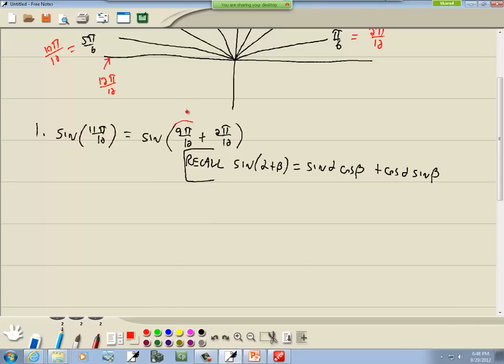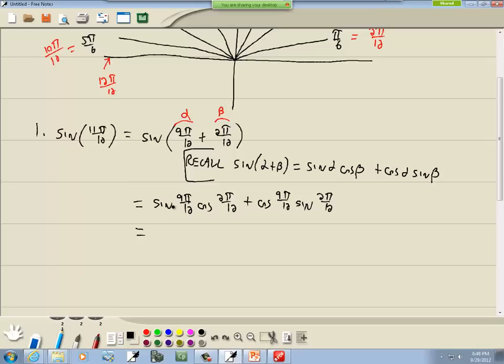Now this would be our alpha, and this would be our beta. So this becomes, from our formula, sine alpha, so sine 9 pi over 12, then cosine beta, which is 2 pi over 12, plus cosine alpha, which is 9 pi over 12, and sine beta, which is 2 pi over 12.